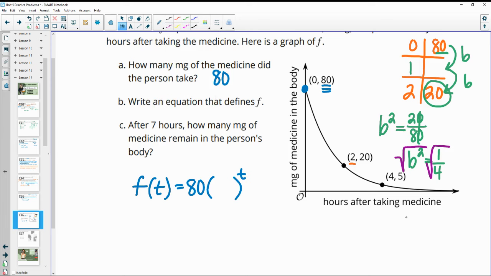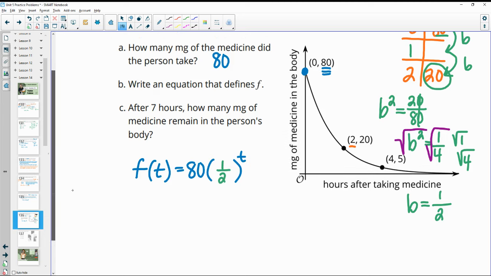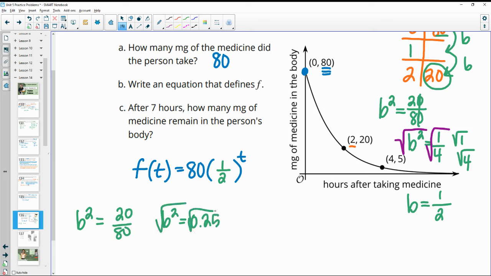So if we square root this, we get that the growth factor equals the square root of 1, which is 1, over the square root of 4, which is 2. So our growth factor in this case is 1/2. And you certainly can use a calculator for this too. Like you could have done B squared equals 20 divided by 80. You could have typed that into your calculator to get 0.25. And then you could have square rooted this and got that B equals 0.5 and used 0.5 instead of the 1/2. Either way is fine.